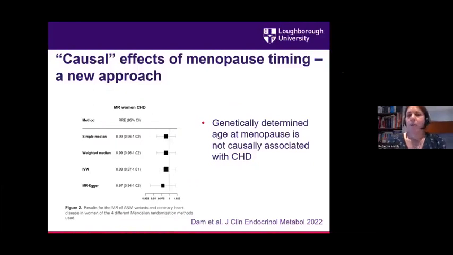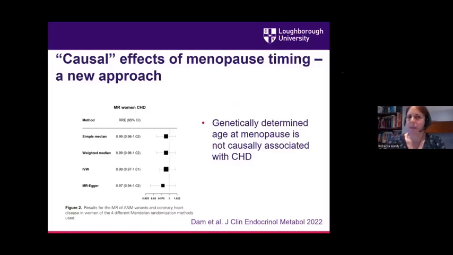However, more recently, we have these new approaches that purport to get at a more causal effect. They aren't subject to those biases that I've talked about, where you need to adjust for multiple factors. So these use genetically determined age at menopause, which, as I say, isn't subject to confounding, and see how age at menopause is related to coronary heart disease.